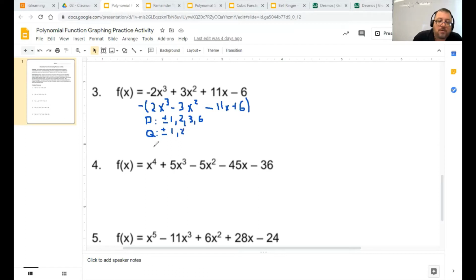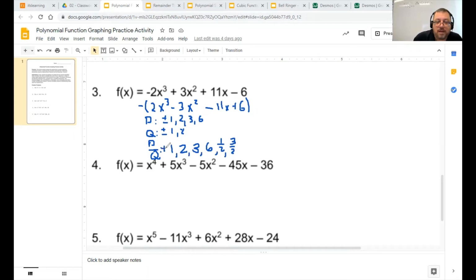Okay, so then I go P divided by Q. 1 divided by 1 is 1. 2 divided by 1 is 2. 3 divided by 1 is 3. 6 divided by 1 is 6. 1 divided by 2 is 1/2. 2 divided by 2 is 1, but I already have that. 3 divided by 2 is 3/2. 6 divided by 2 is 3, but I already have 3. So these are my possible roots.